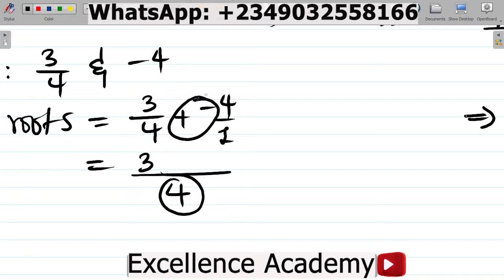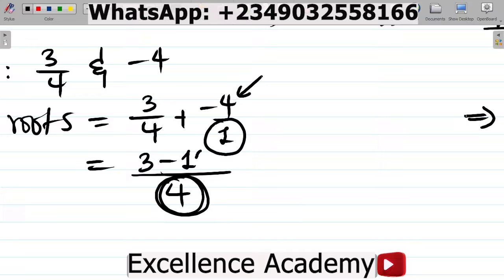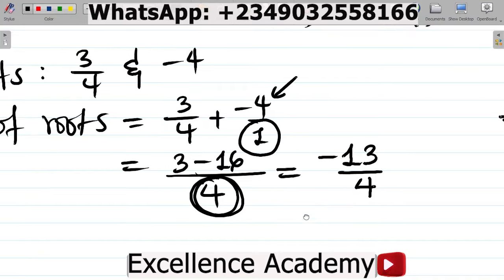This sign, plus minus, gives you minus. Next, denominator 4 divided by 1 gives you 4, and 4 times 4 is 16. So this is equal to 3 minus 16, which gives you minus 13 over 4. This is the sum of roots.